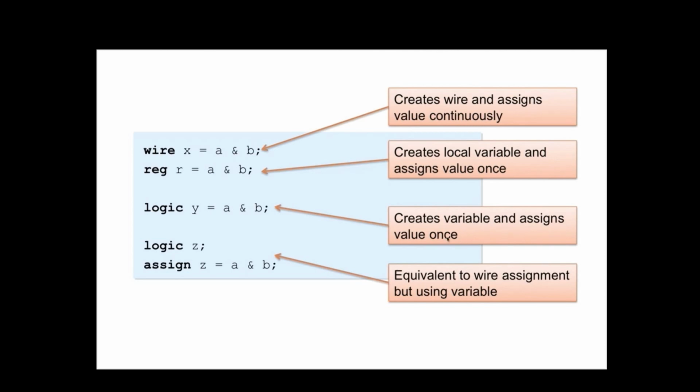If you want to emulate the wire behavior, what you have to do is create the variable, in this case logic Z, and then do a continuous assignment to Z, which is legal in System Verilog because you can do one assignment to a variable in this case.